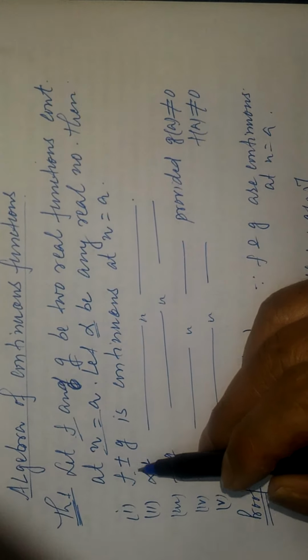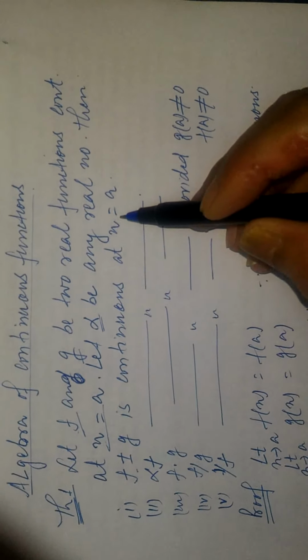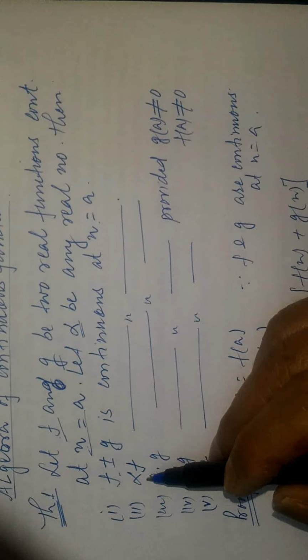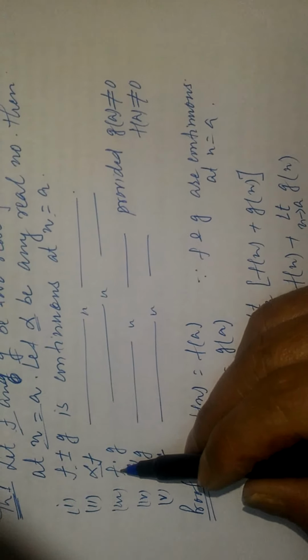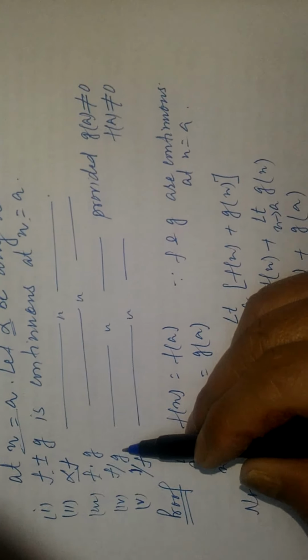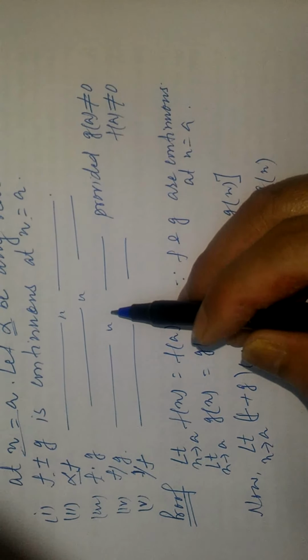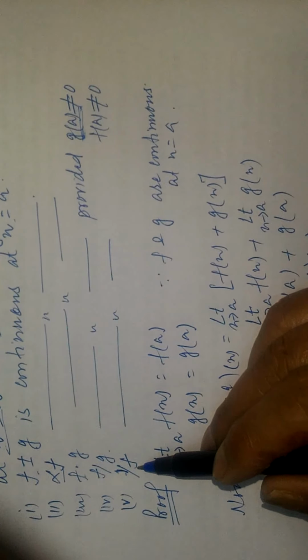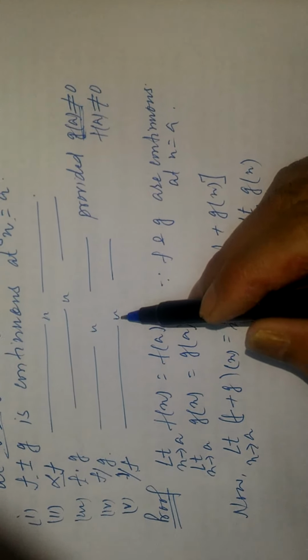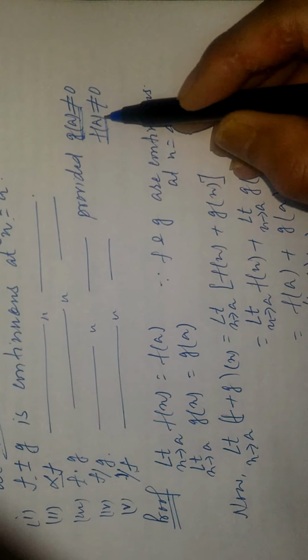The sum and difference are continuous at x equal to a, alpha times f is continuous at x equal to a, f into g is continuous at x equal to a, f by g is continuous at x equal to a, provided g of a is not equal to 0, and 1 by f is continuous at x equal to a, provided f of a is not equal to 0.